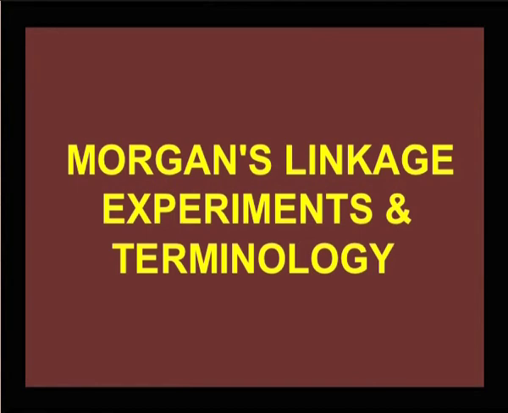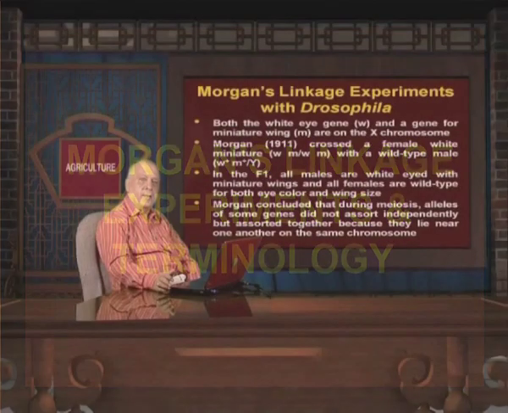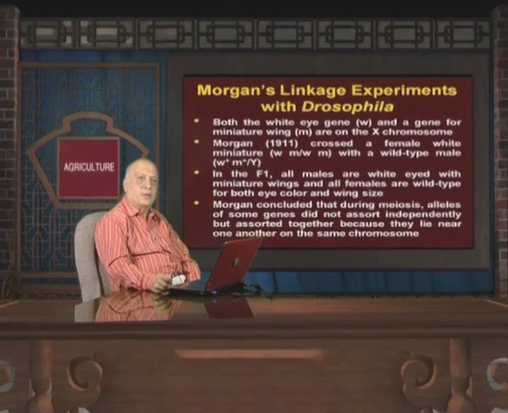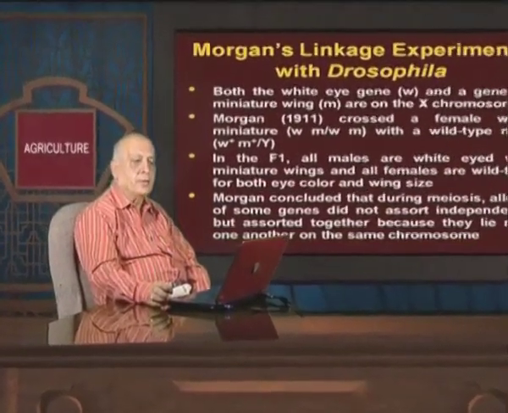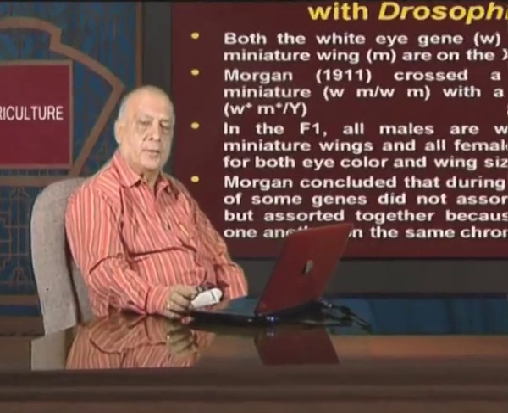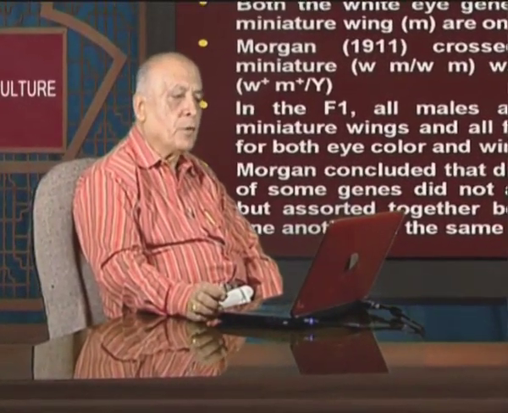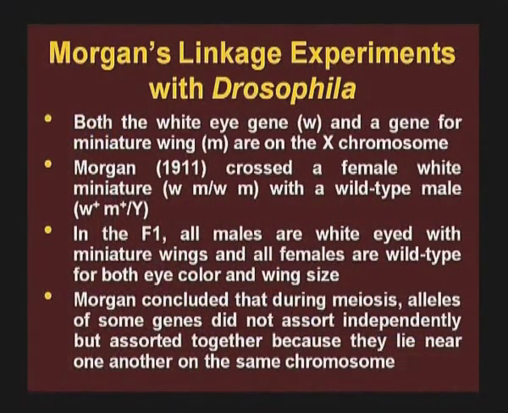Now, Morgan's linkage experiment with Drosophila. Let us agree and appreciate that most of the linkage research has been contributed by the fruit fly research by Morgan and Muller. Both the white eye gene W and a gene for miniature wing M are on the X chromosome. The X chromosome is the sex chromosome.